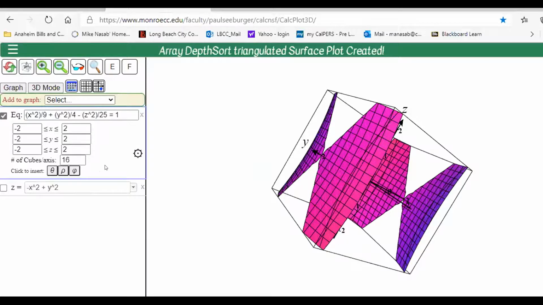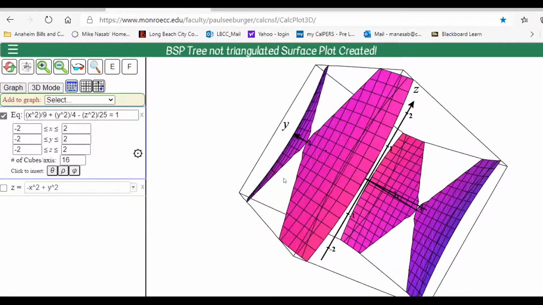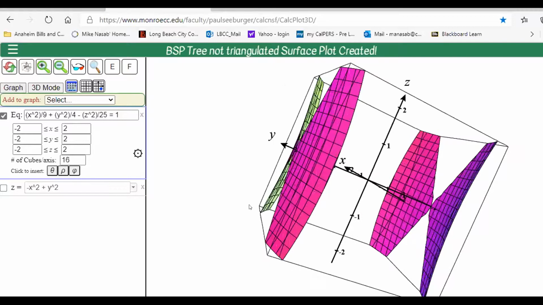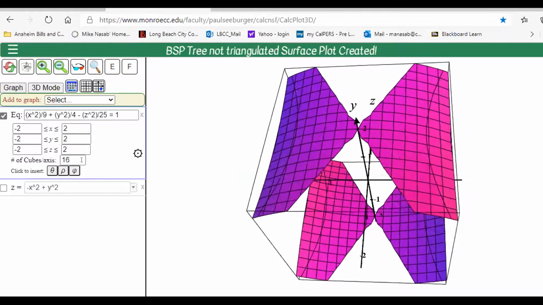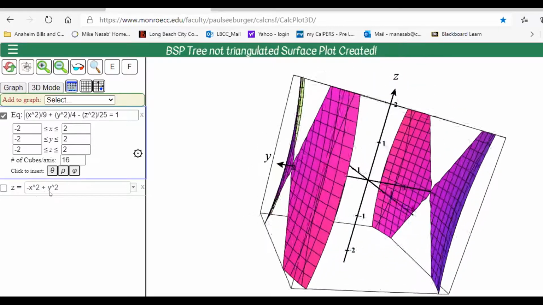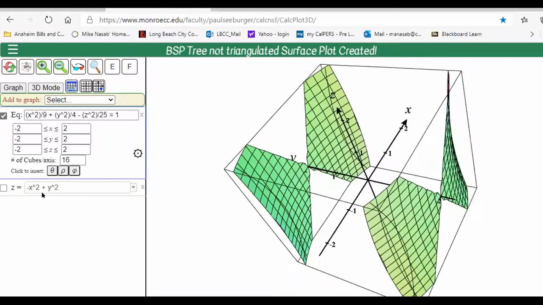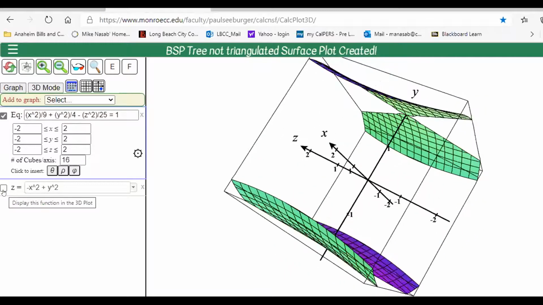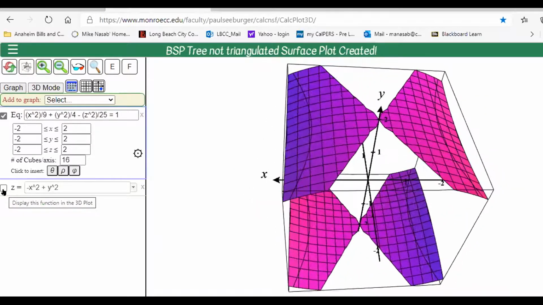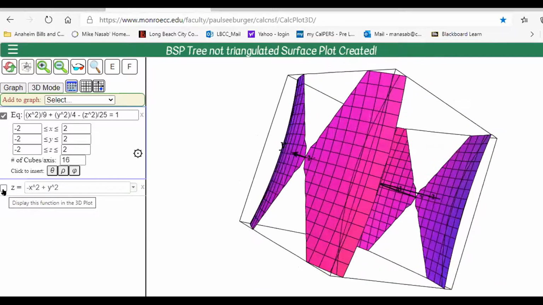No, this is like, if you were in spherical coordinates, then you would use theta and rho and phi, but we are in Cartesian coordinates, so we are good, except I don't see why it looks like this. I mean the equation below that, the z equals that equation. I don't know if that's the problem or not. No, because I didn't put a check mark here, you see that? Yeah, I didn't put a check mark.